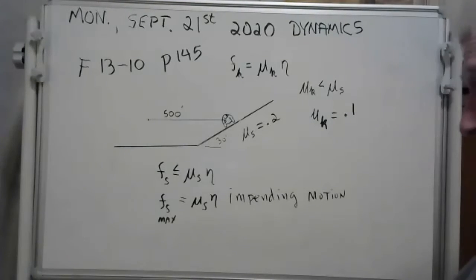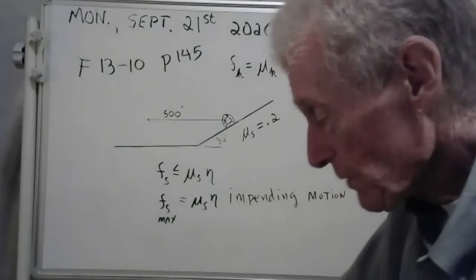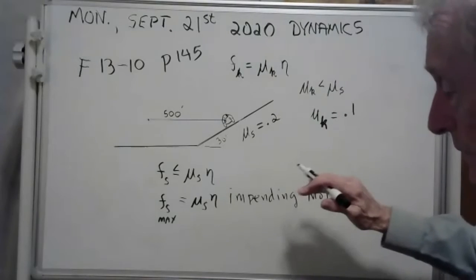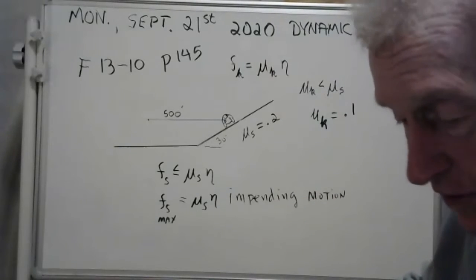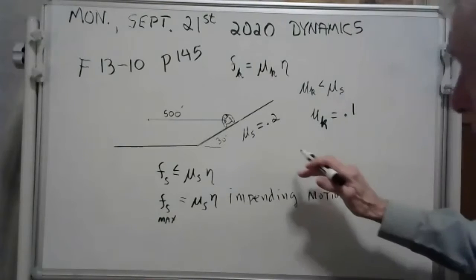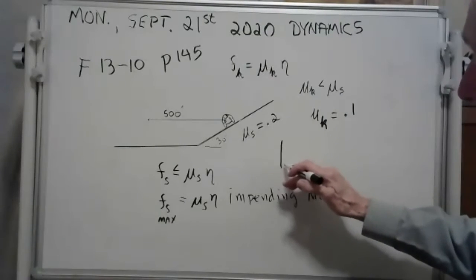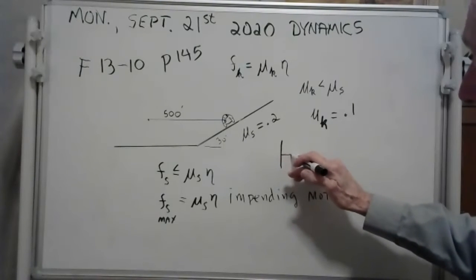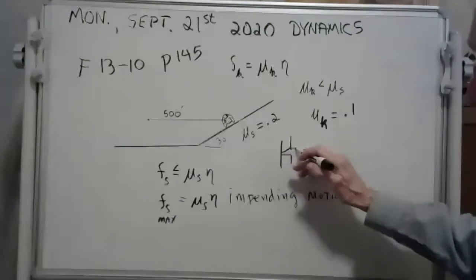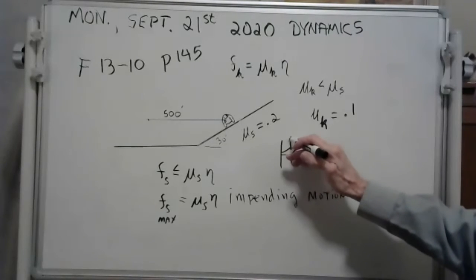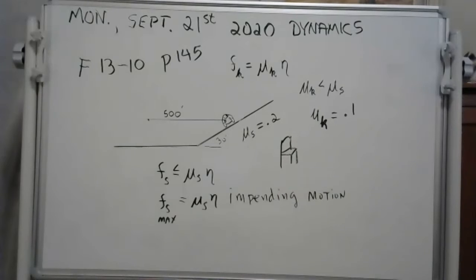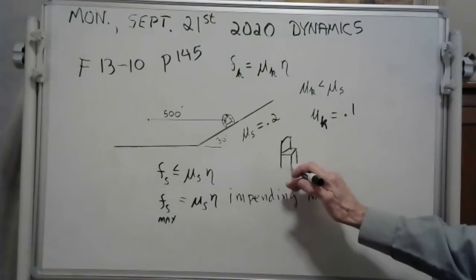Let me see if I can explain this. If you go into your kitchen and take a kitchen chair, here's your chair. There you go. Artist's rendition of your kitchen chair.